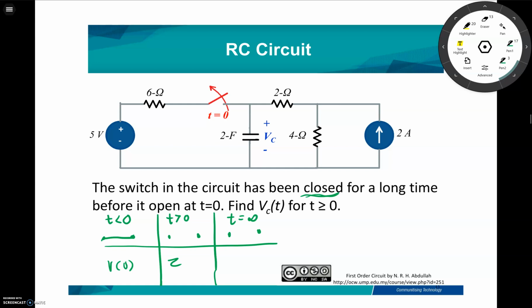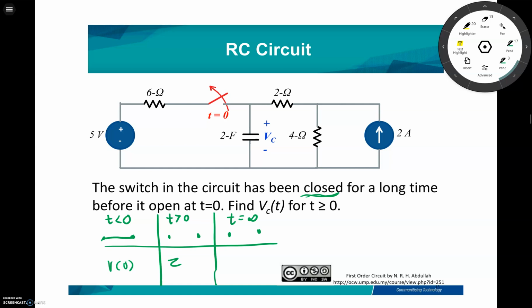And then you need to find the tau by considering R Thevenin and capacitor. So in this area, the step for finding the R equivalent is similar to finding the R Thevenin.